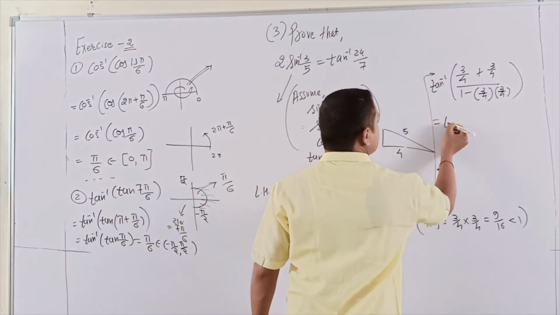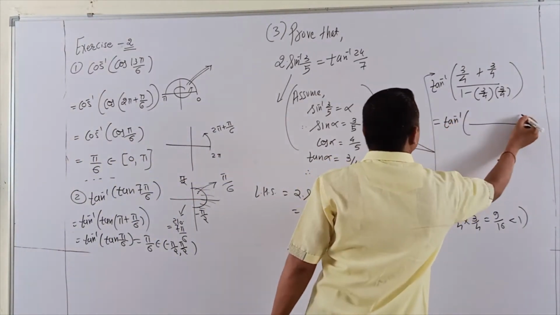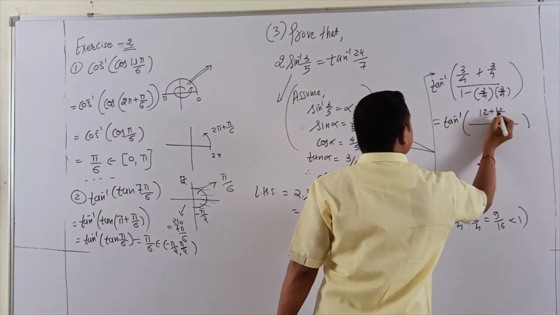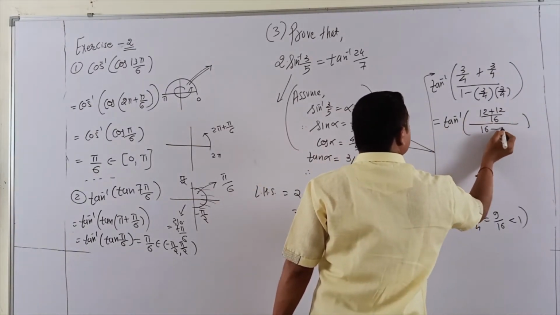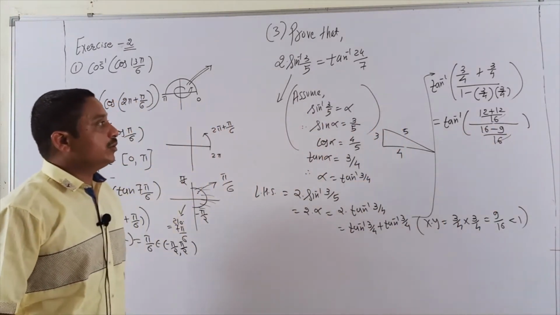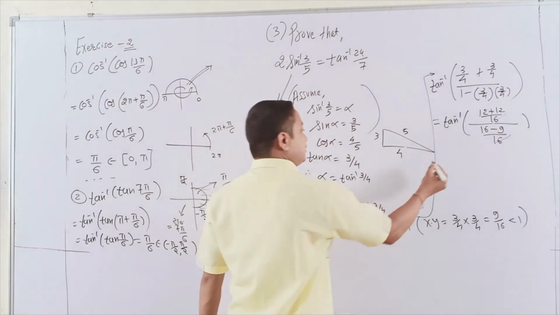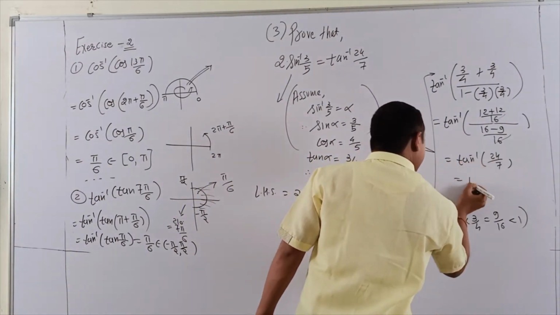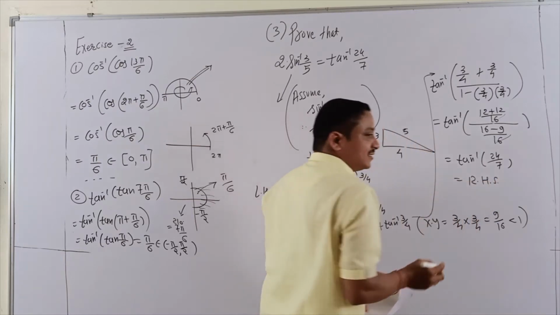Now LCM. What is the LCM total? 4 and 4, 16 taking. So 12 plus 12 by 16, and here also 16, 16 gone. Check. How many? 12 and 12, 24 by 7. And that's my RHS.